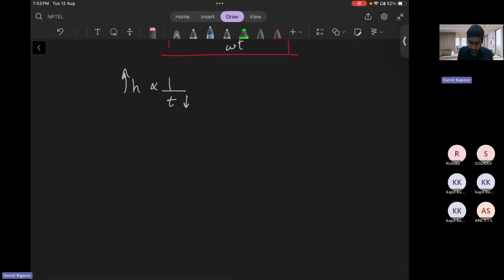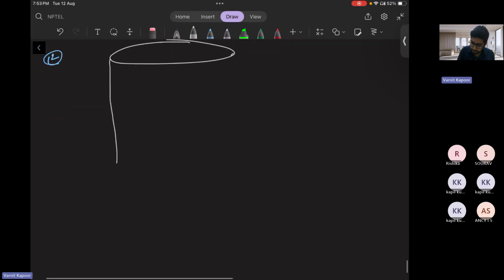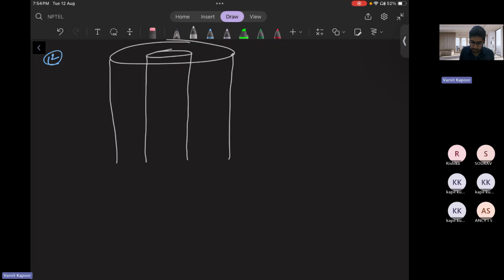Another scenario, example number 2, where you have a tube like this, and it is hollow from inside. This is dipped inside a liquid.